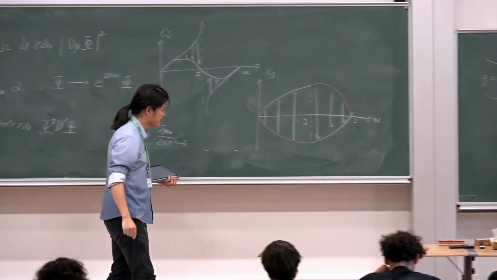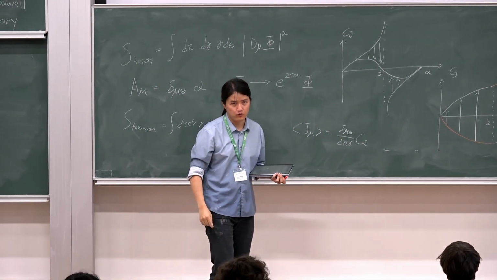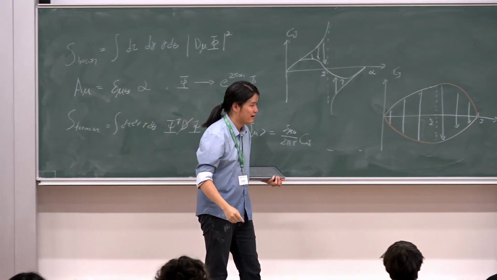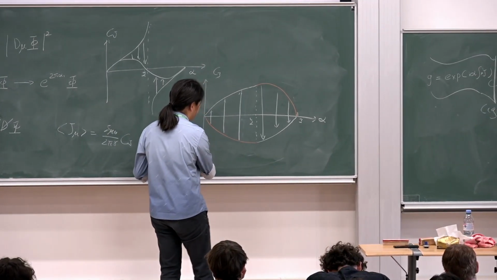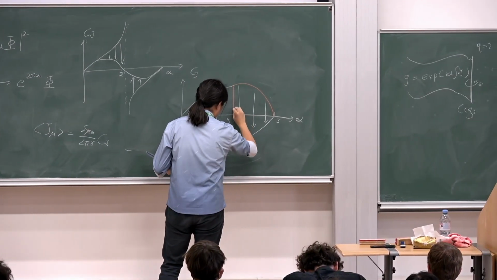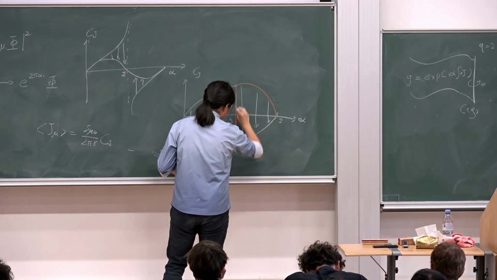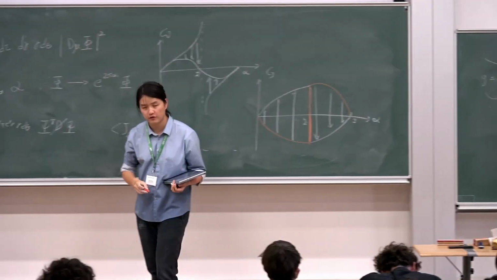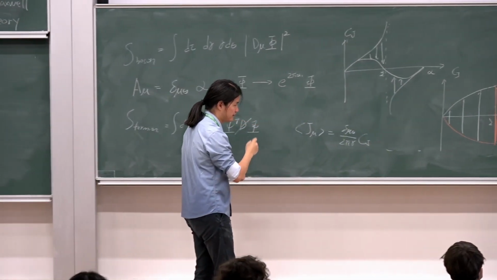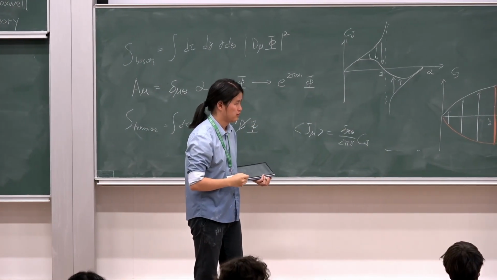Okay, and you can further verify that when alpha equals 1/2 exactly, there is an exact defect conformal manifold. So every point along this line preserves the conformal symmetry. There is an exactly marginal deformation you can turn on.